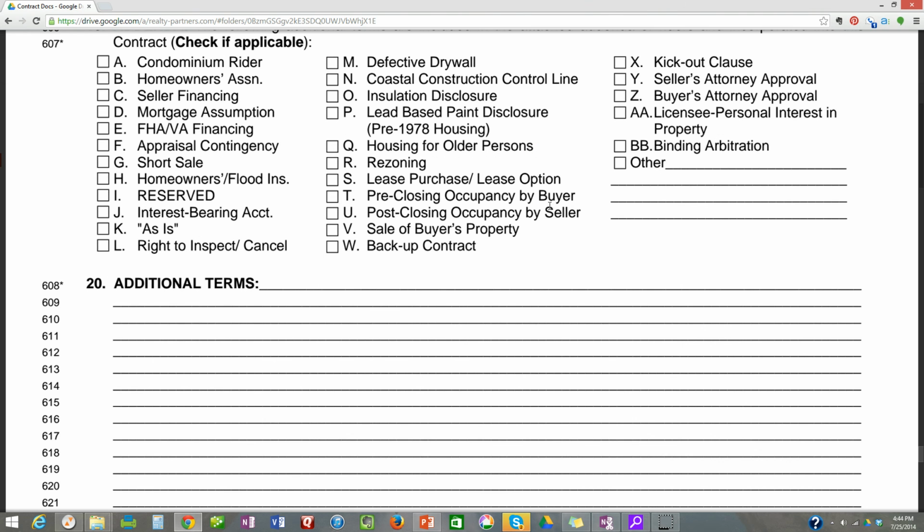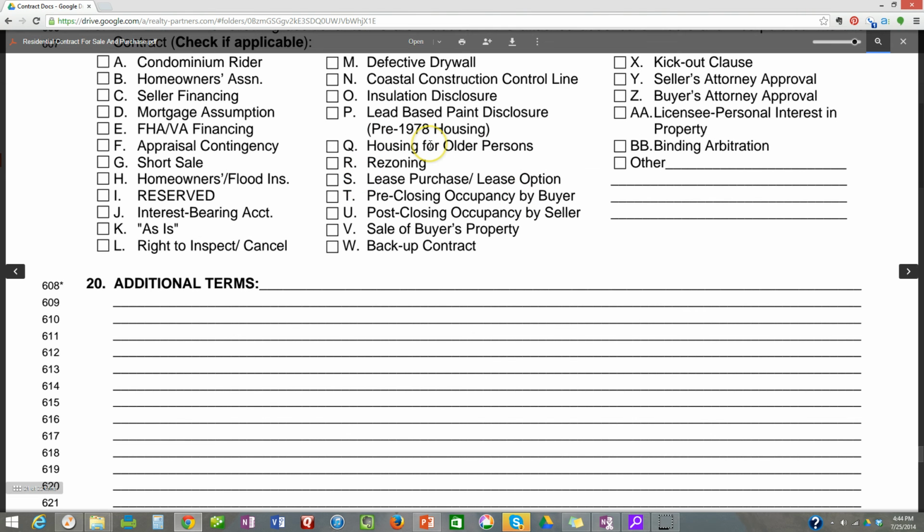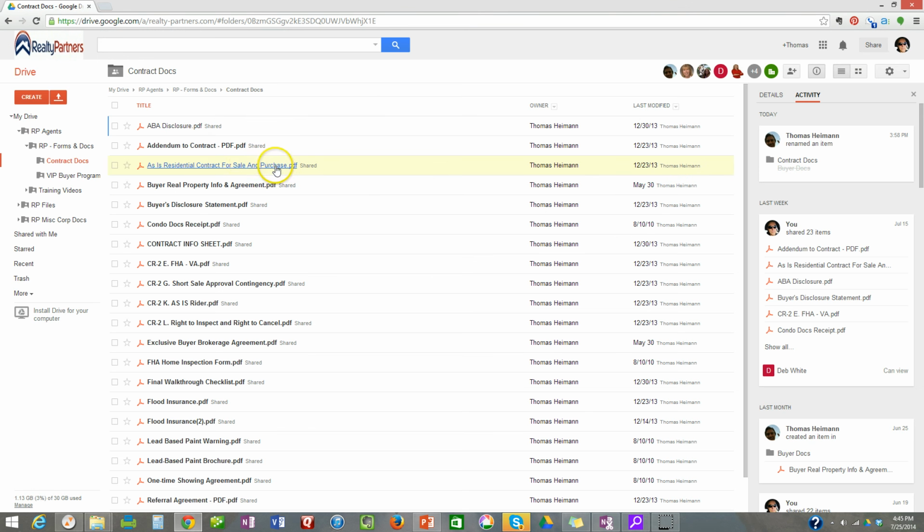So you could take the normal contract and convert it in essence into an as-is contract or what have you. Usually I see this being used in more of a counter scenario where, okay, if we're going to do this, then we have to have the right to walk or whatever, and then that addendum is added to the mix.